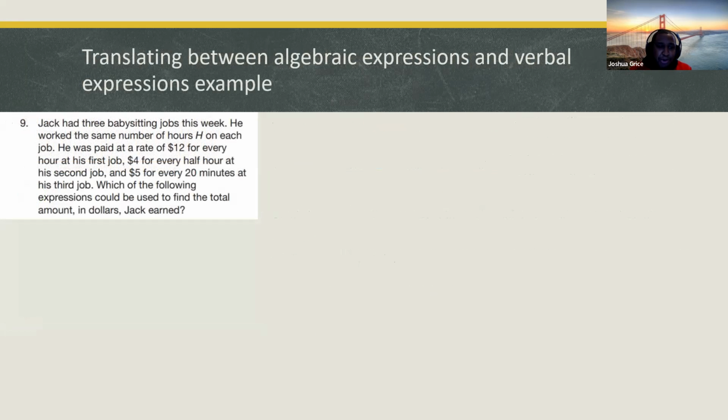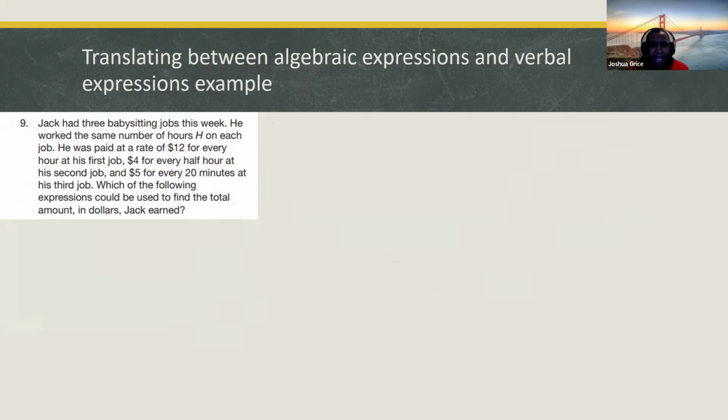And our last example is going to be in regard to translating between algebraic expressions and variable expressions. So here we're given that Jake has 3 babysitting jobs this week, and he works the same number of hours, with a variable we're going to call H, on each job.